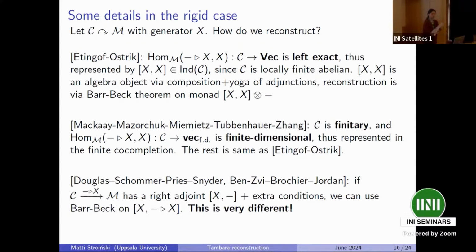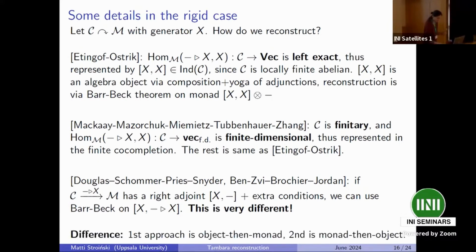So again, we just reduce this to the monadicity theorem, aka Beck. And seemingly this is very similar. But in the non-rigid case, this is very different. The first approach is like, first we get an object and then we prove that it's an algebra object, so we get a monad. The second approach is like, first we get a monad and then we show that it's also an object under some conditions.